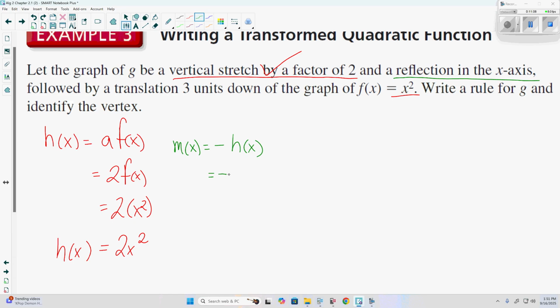Since we've set this up, now we just need to replace h of x with its function, which is 2x squared. Now we just multiply through by that negative, multiplying the negative and the 2x squared, giving us negative 2x squared.